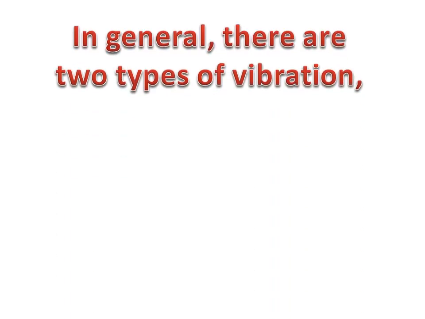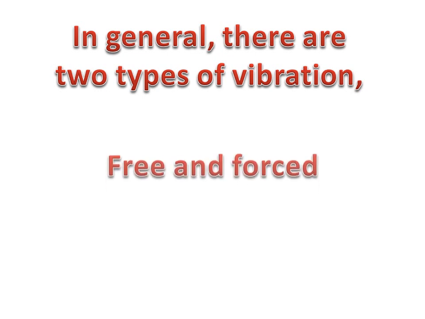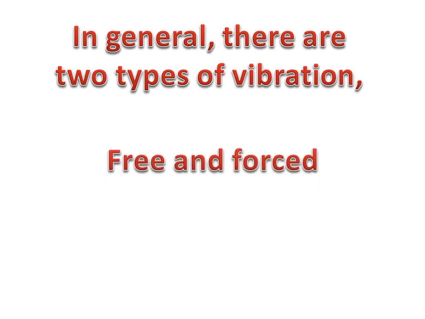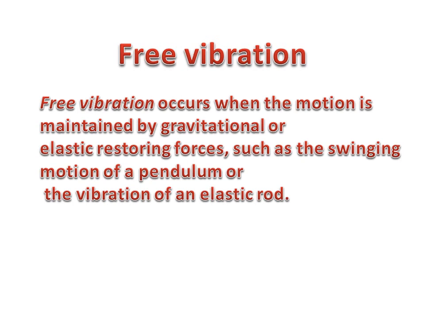So let's tackle the types of vibration. We have the free and forced vibration. What is free vibration? An example of free vibration is when the motion is maintained by gravitation or elastic restoring forces, such as the swinging motion of a pendulum or vibration of an elastic rod.